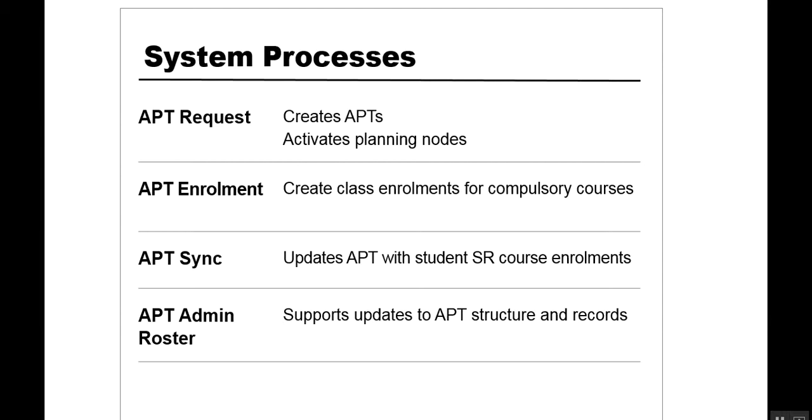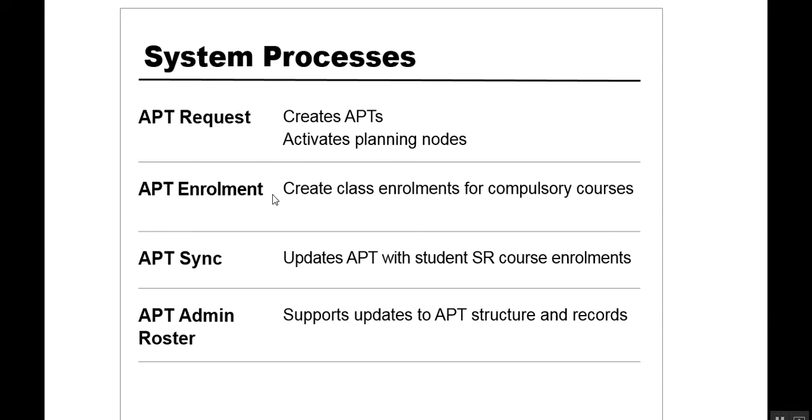We've got through to May of the following year. Now they need to start planning their choices for part 1. And to do that, we have to activate the planning node for part 1, and that will be done sort of April, May, so students can make their choices for the following year, if that makes sense.